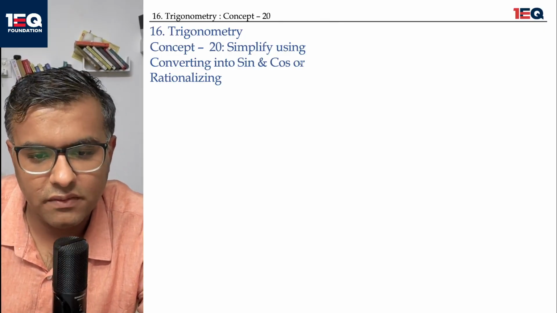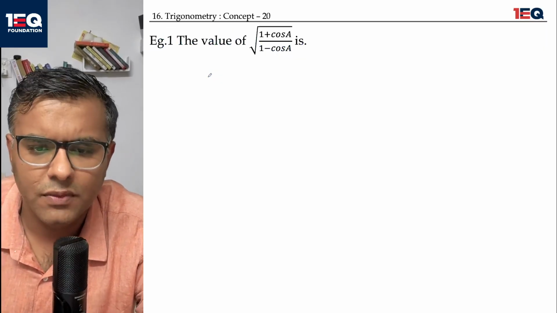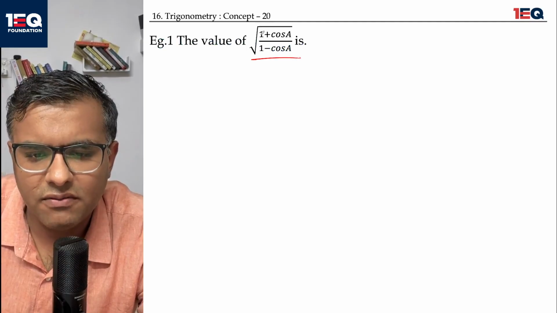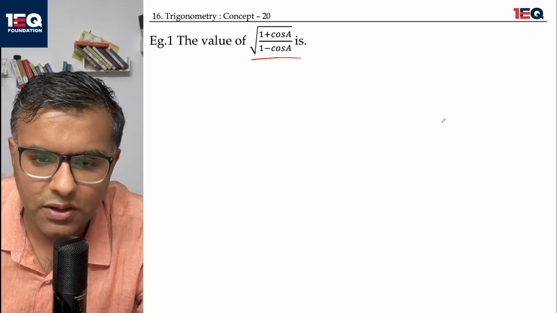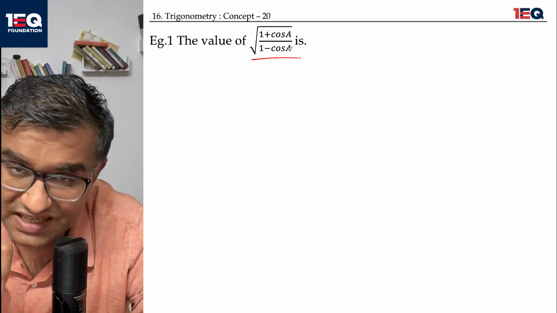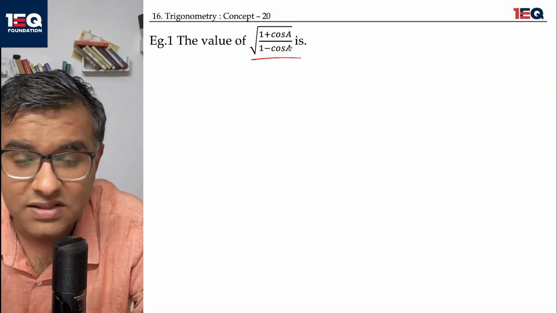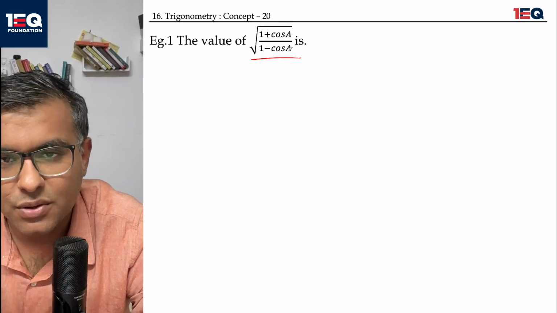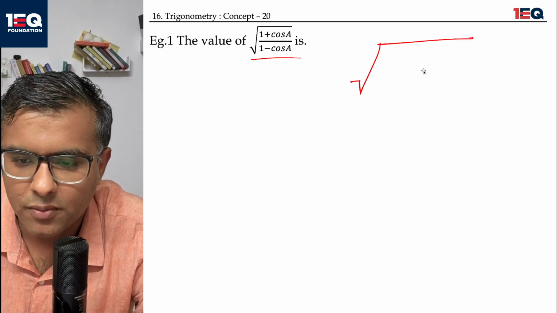Simplifying using converting like sin and cos and rationalizing. Not a difficult step at all. I need to find out the value of the root of 1 plus cos A over 1 minus cos A. There is a root sign on the top of it. To remove the root sign, I would need to have something inside which is a square, and it should help me remove the root.